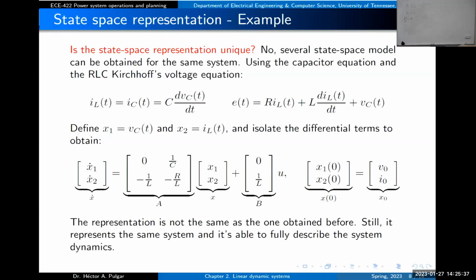So with the first row here, we have the first equation. Second equation, here, second row.